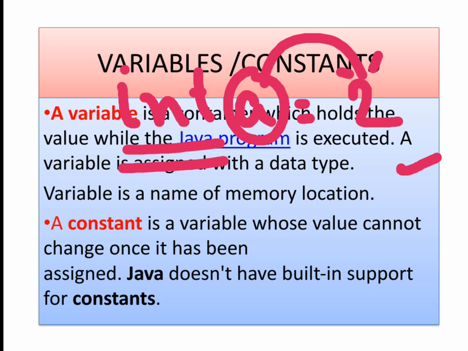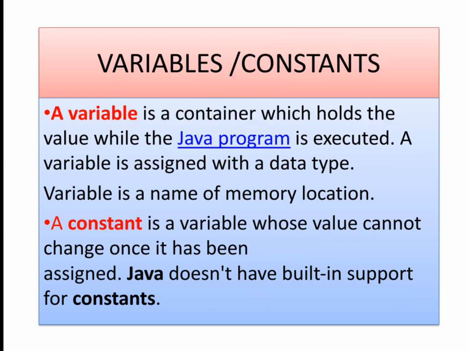Similarly, what is constant? Constant is a variable whose value cannot change once it has been assigned. Java doesn't have built-in support for constants. Okay, this we will learn later. But remember, Java doesn't have built-in support for constants. Okay, I hope the first page is clear. So let's move to the second page.